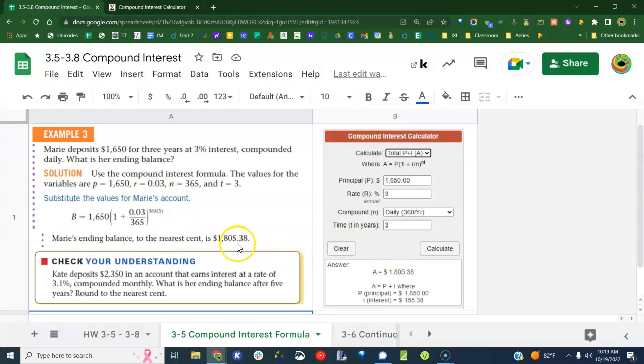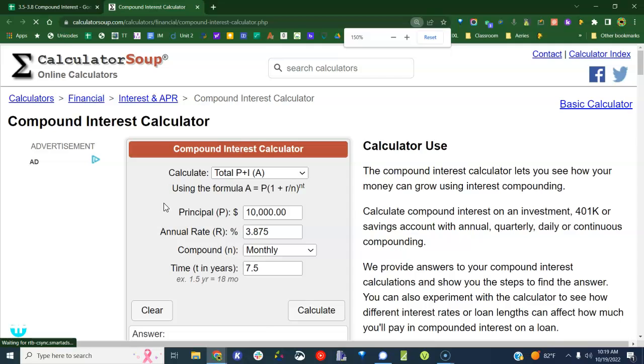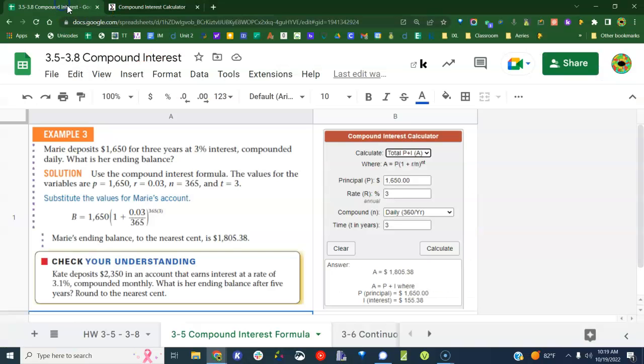Okay? So find that. Open up this link. There we go. And we'll just use these calculators to calculate the different interests as we go along. So you can practice with this example.